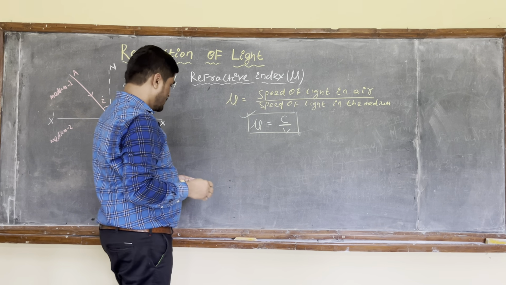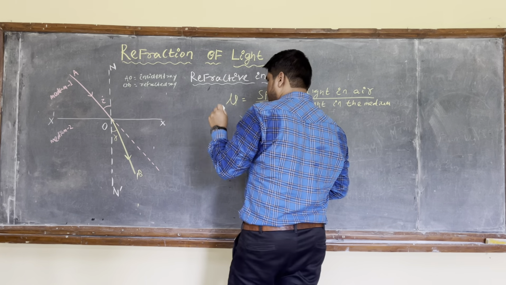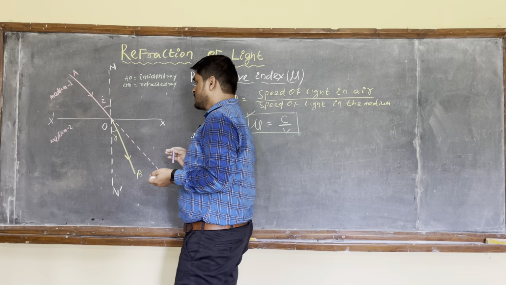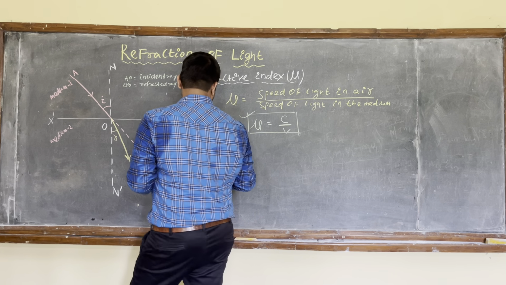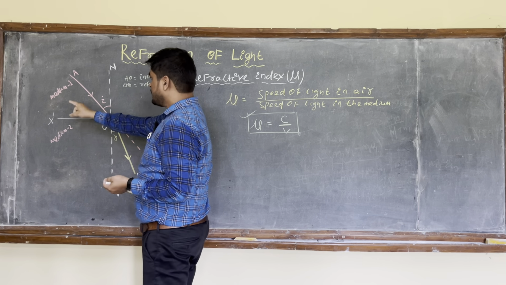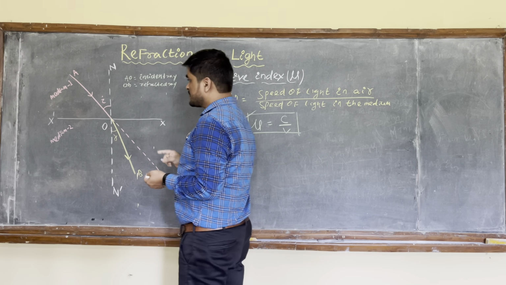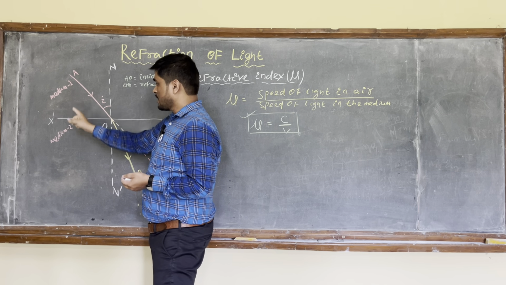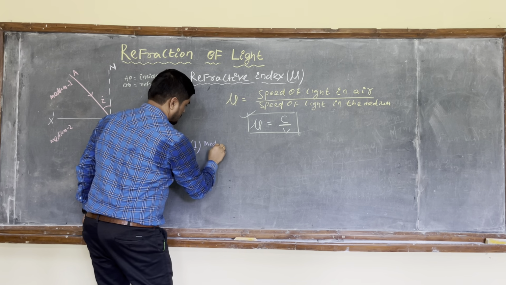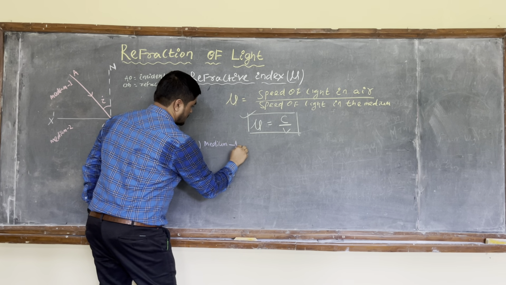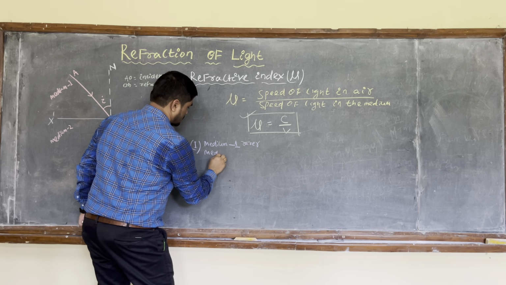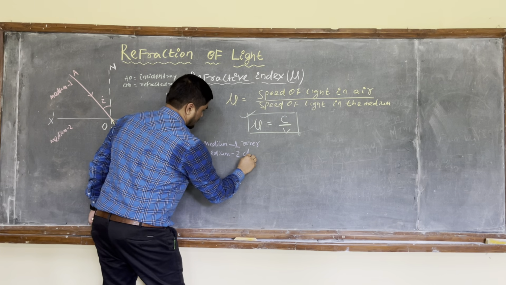And next, when the ray of light travels from one medium to another medium, you have to remember two things. First, there are two different media: one medium is denser, another medium is rarer. So the first case, medium 1 is rarer and medium 2 is denser.